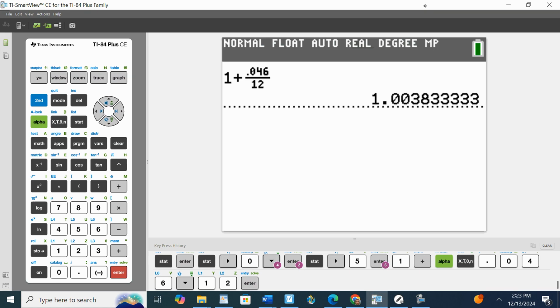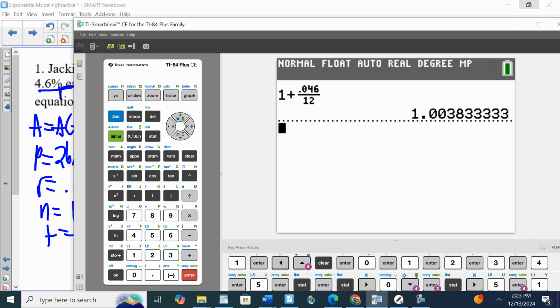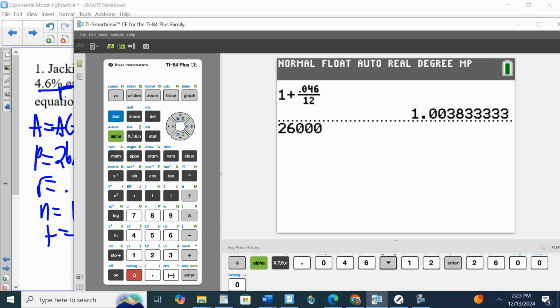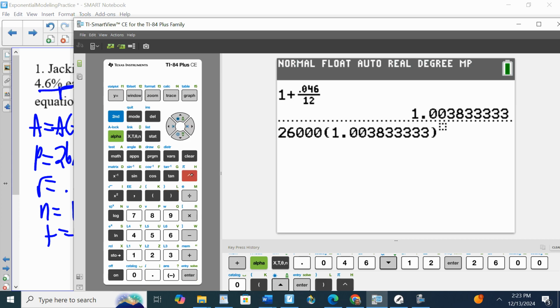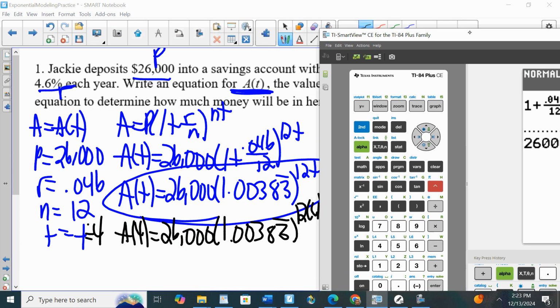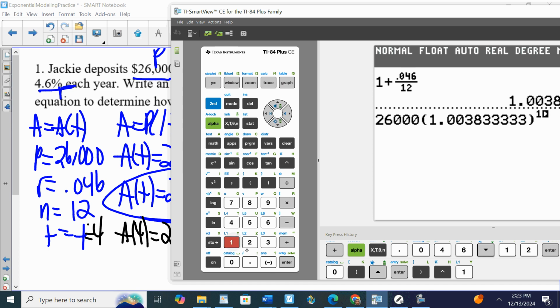I've got 26,000. I can copy and paste this thing to the power of, we said 12 times 4. With money, we want to round to the nearest cent, unless it tells us otherwise.